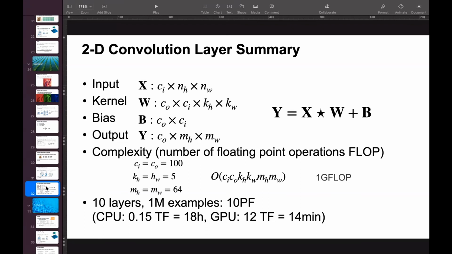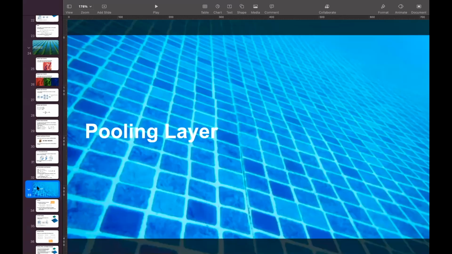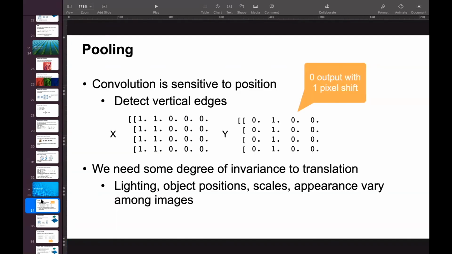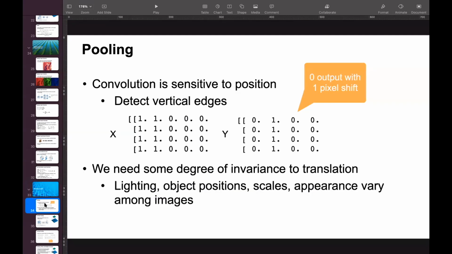This is more about computation, which I feel is sort of distracting. But I will get to the pooling layer really quickly because I've spoken about this already. The reason we use pooling is because at some point you want to reduce the size of your input, but in a meaningful way.